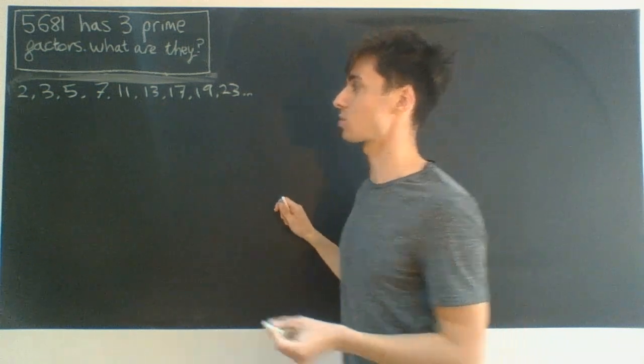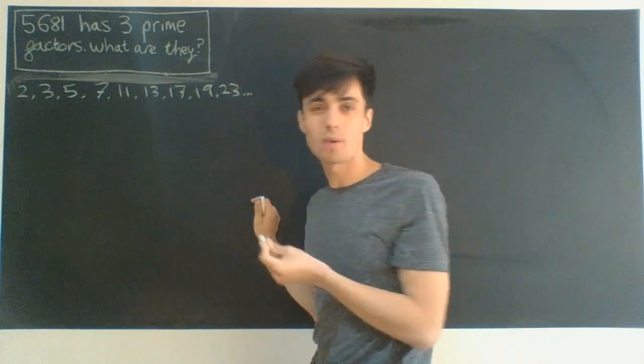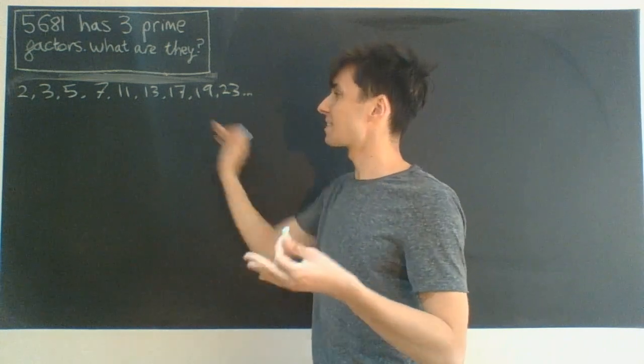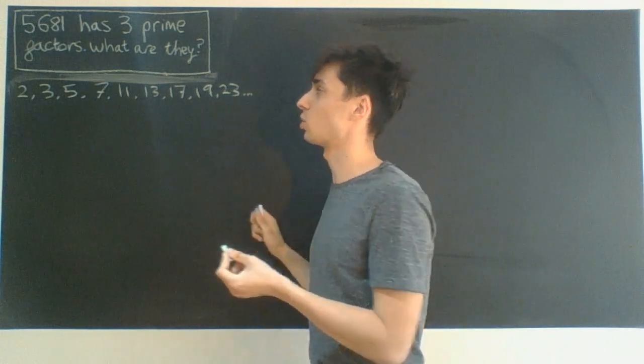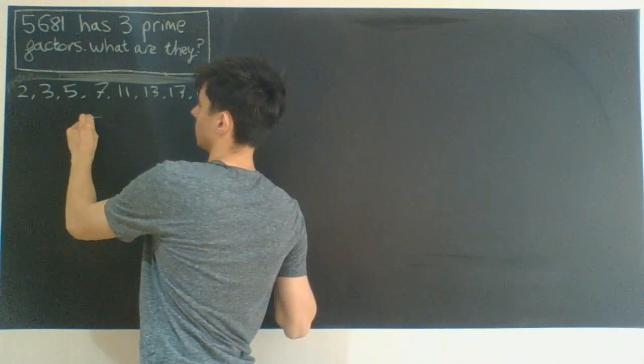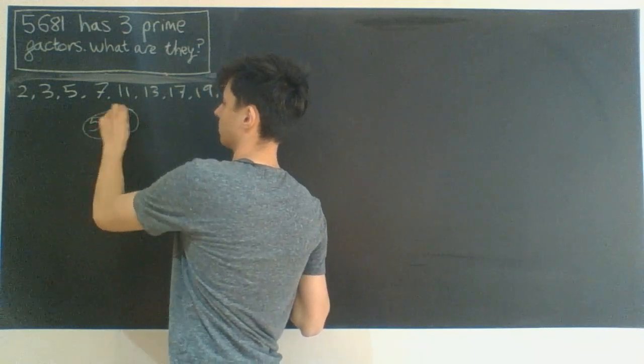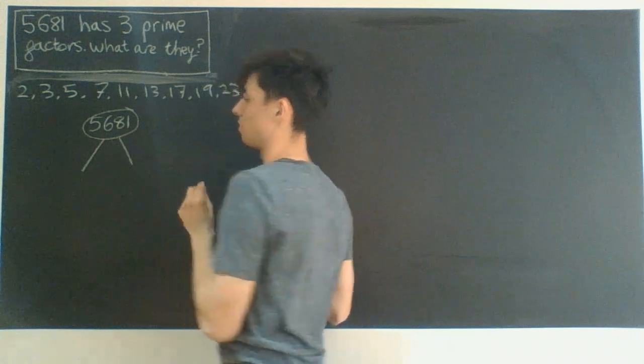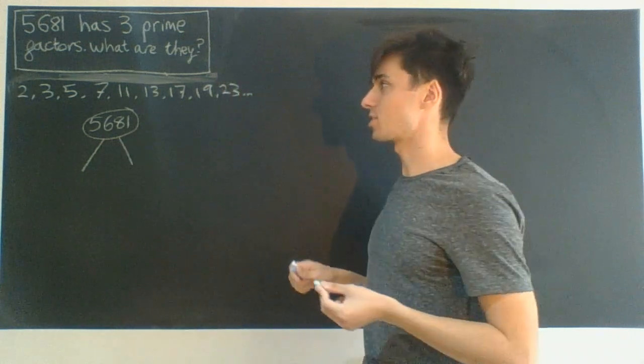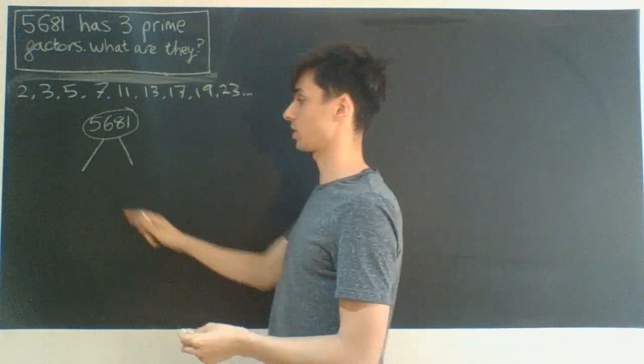First of all then, let's also create a prime factor tree. This is going to help us think about some numbers that could or couldn't work. So we've got 5,681. Because we've got 3 prime factors, we know that our tree is going to look like this.